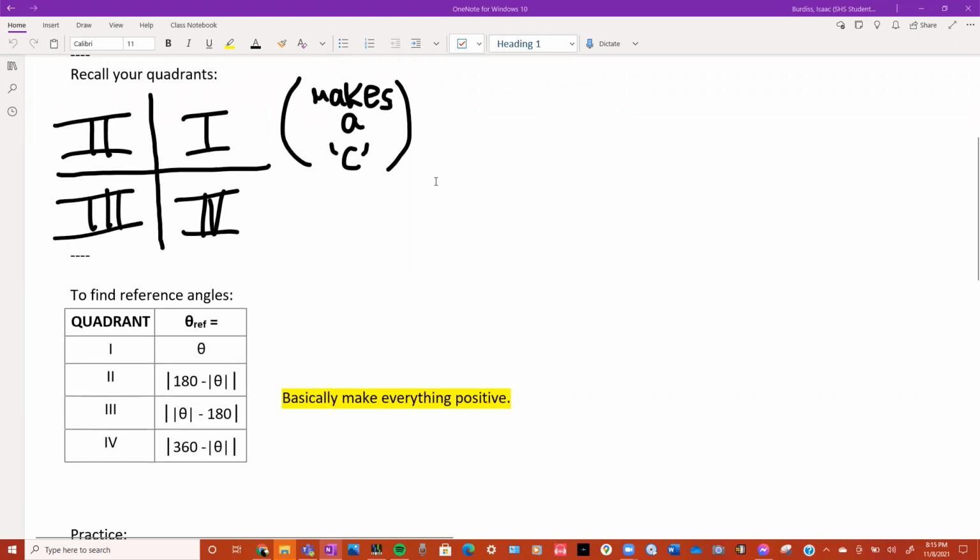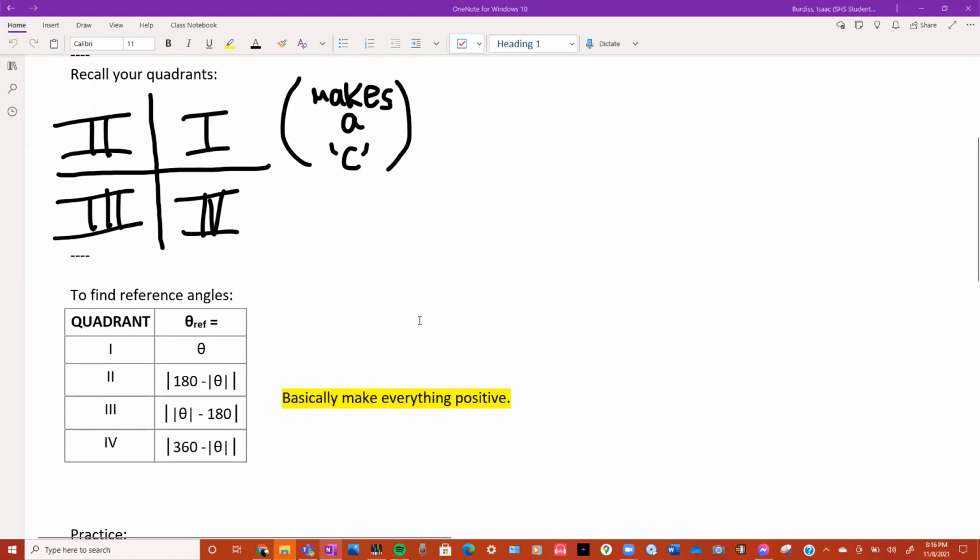So remember your quadrants. If you don't already know them, these are your quadrants. The one over here is 1, then 2, then 3, then 4, and they make a C, if that helps you remember it, counterclockwise at least.